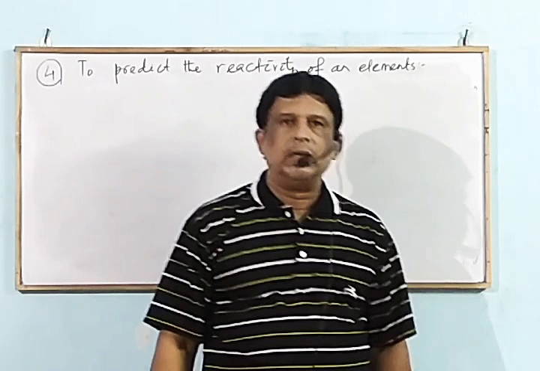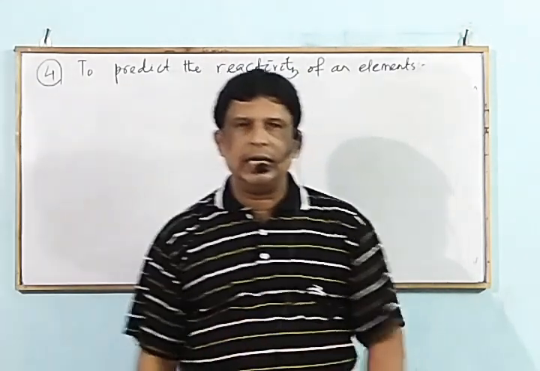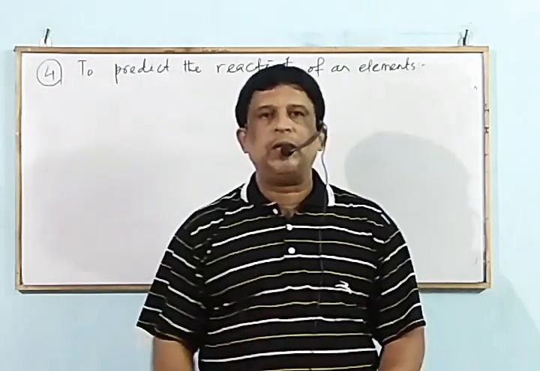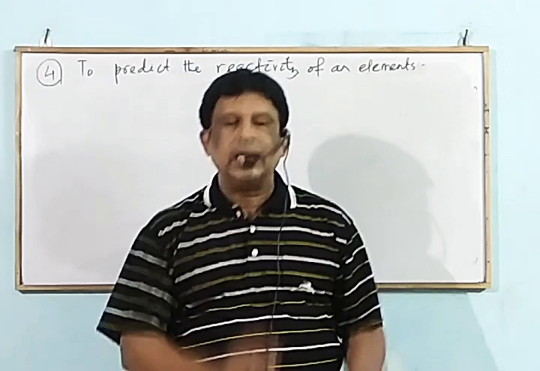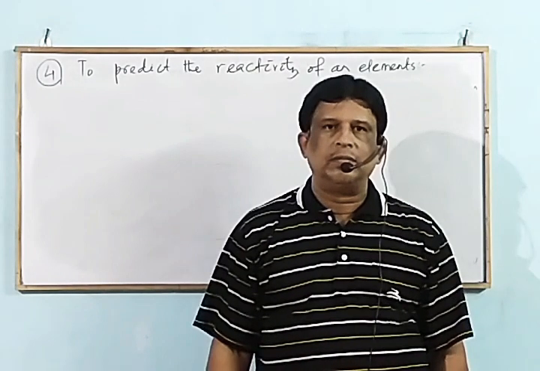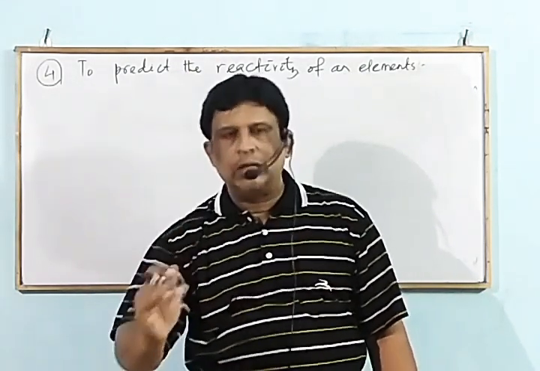Mark that. In the electrochemical series, in the activity series, different elements and their reduction potential values are arranged in increasing order of reduction potential. That is negative values to 0, then positive values.